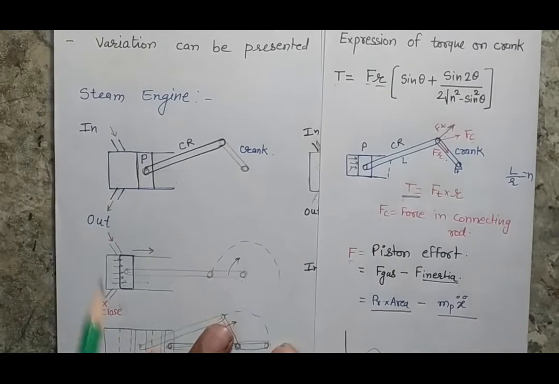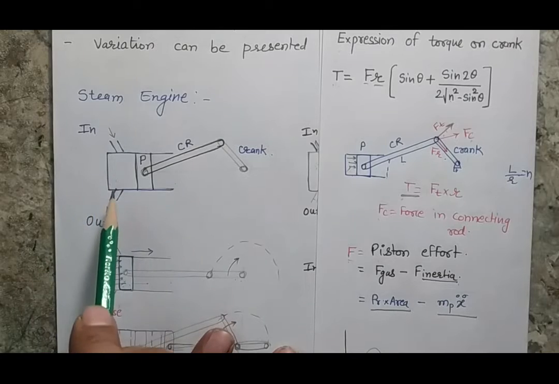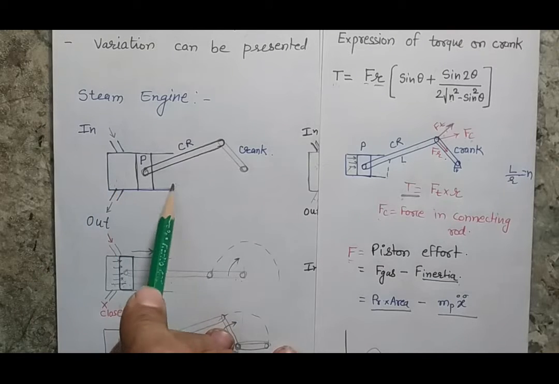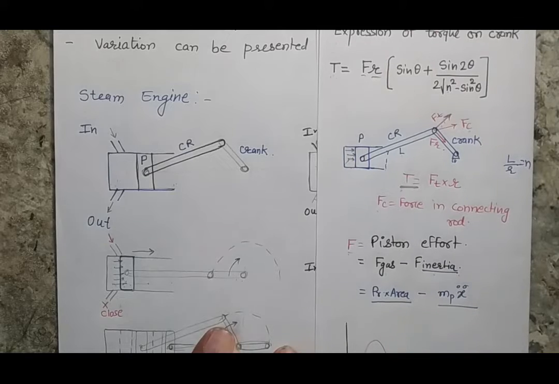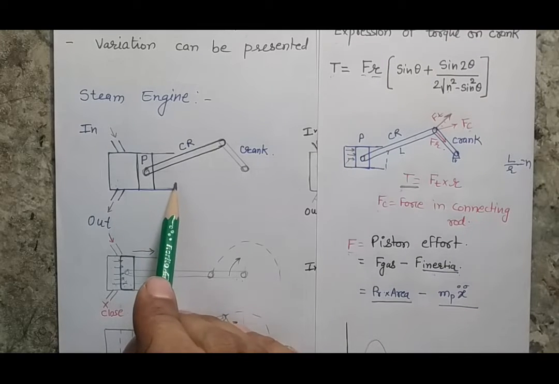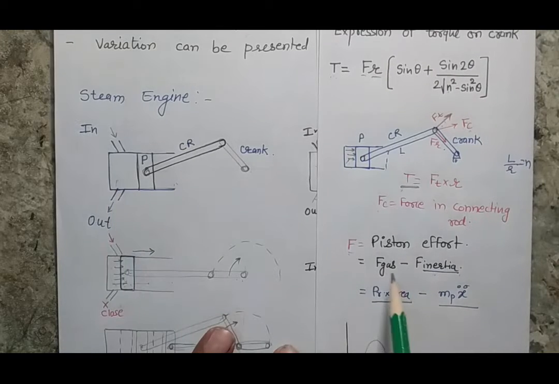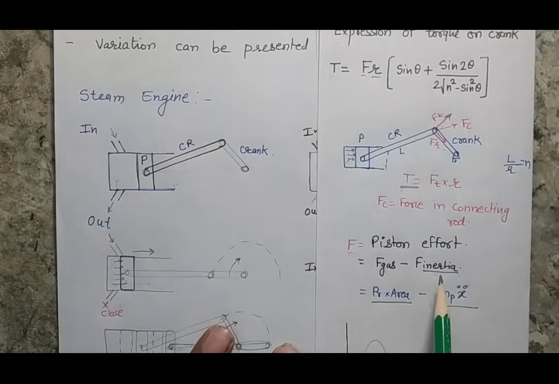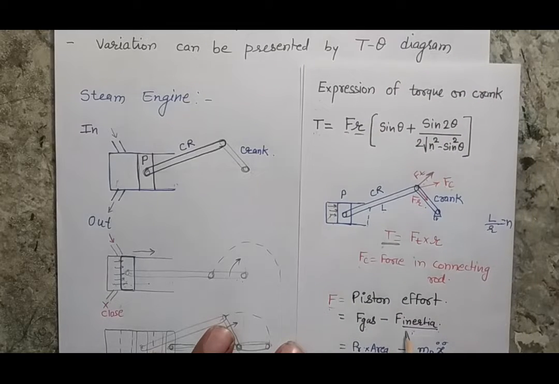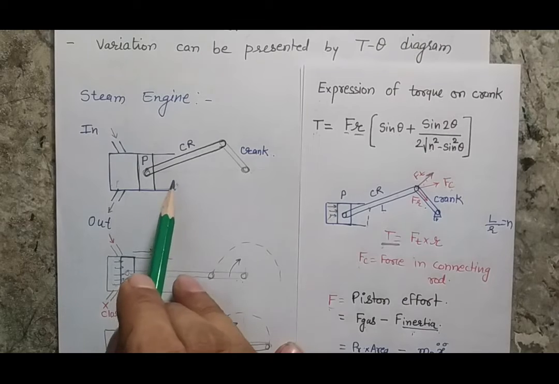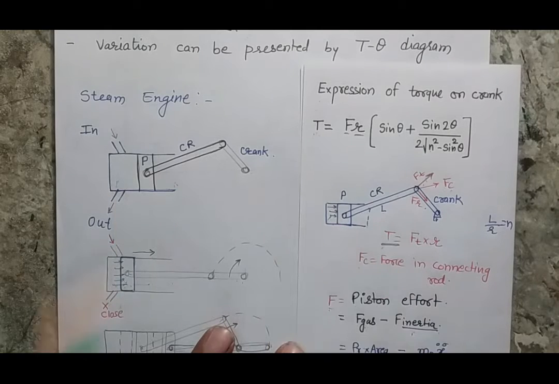So in case of single acting steam, when I am talking about its motion from left to right, the gas pressure will exist as well as inertia. But when I talk about the motion from right to left extreme position, this Fg will become 0 and only F inertia will exist. And you can see here that I am assuming that to be negative. So when the piston is moving from right to left position, this torque will be negative.